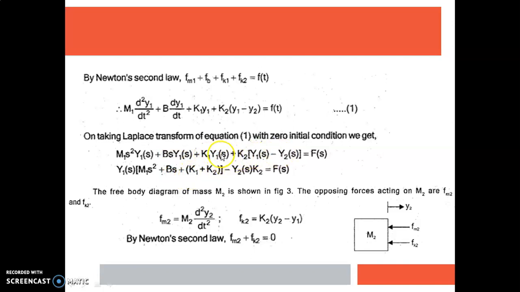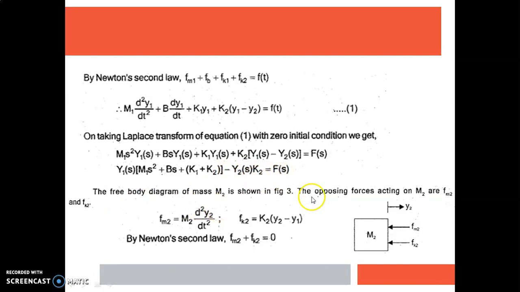That is k1 y1 of s plus k2 y1 of s, so we can group it by taking y1 of s outside. This will become m1 s square plus bs plus k1 plus k2, minus another term, k2 y2 of s, is equal to f of s.